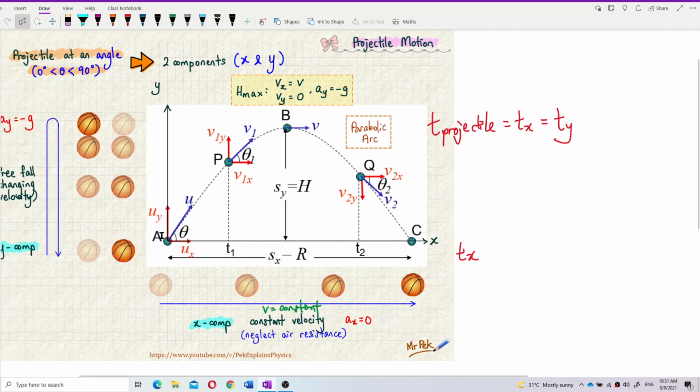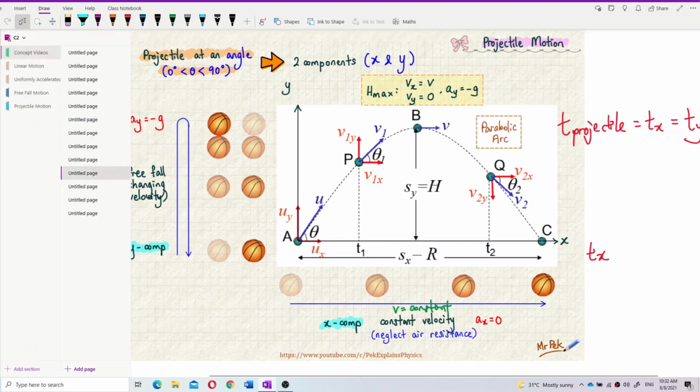The total time for the projectile motion is the same as the time of the y component and the time of the x component. I also showed you the animation about projectile motion, which I created myself, to show you that the time of the projectile is the same as the time of the free fall.